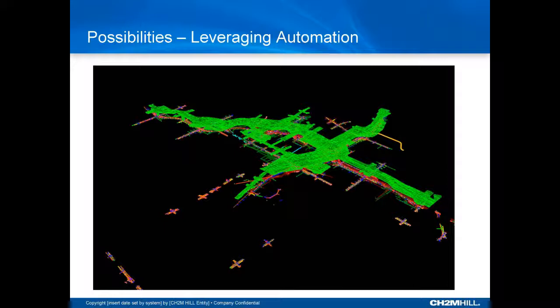The second example of leveraging automation is to generate the content. Now, one of the requirements for this project was to develop an approximation of the 3D utility file. What we had to start with was a 2D utility file, which was a compilation of as-built and survey. And we also had a three-dimensional existing terrain model.